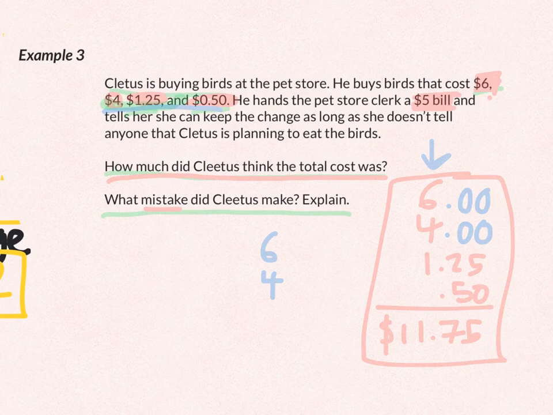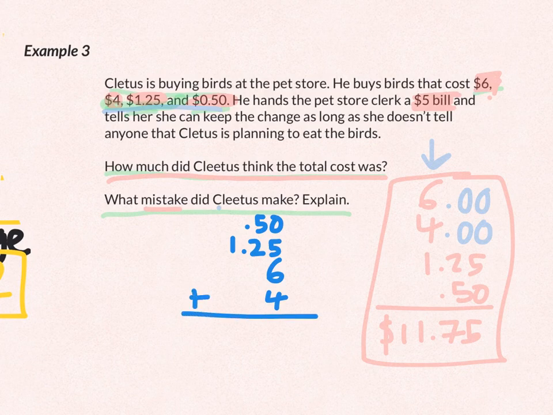It might look something like this. Maybe he did 6 plus 4 plus $1.25 plus 50¢. So maybe he lined up his decimals this way, not knowing that he should have had a decimal point here and here, and when we add decimals we line up the decimal points, right, so that every number is in its right place.